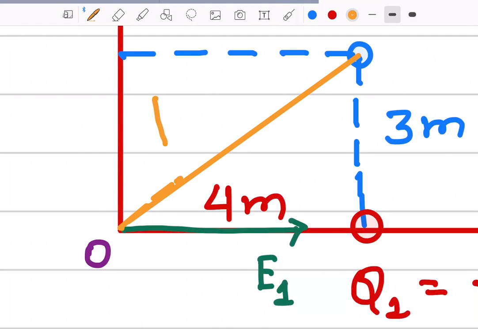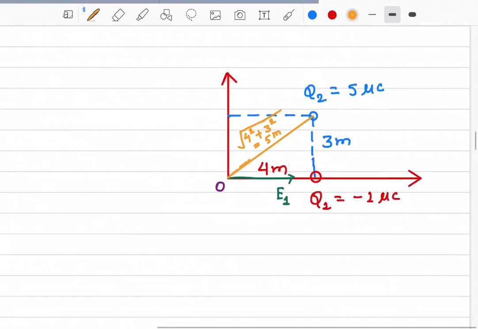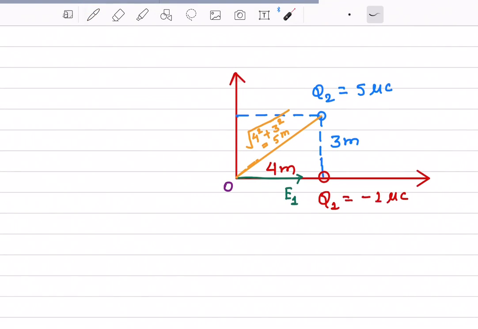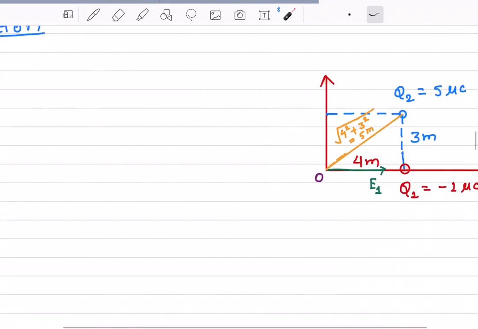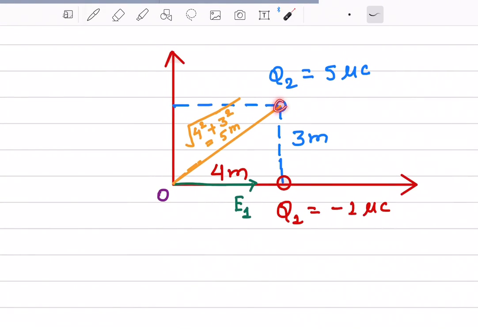So the distance from the origin to this point will be equal to the square root of 4 squared plus 3 squared, which is equal to 5 meter. Okay, we know the distance now.